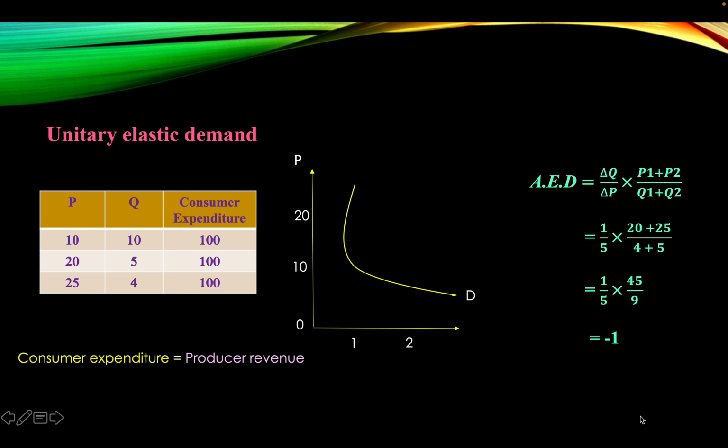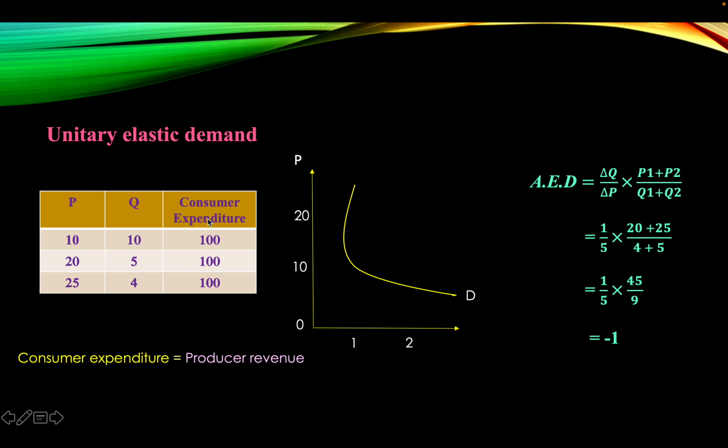The minus mark represents the negative relationship between the price and quantity demanded. And the consumer expenditure, you can see here. If you are a consumer, when you go to the market, you know the quantity you are going to purchase and the price for each good. We calculate price into quantity, that is your expenditure.